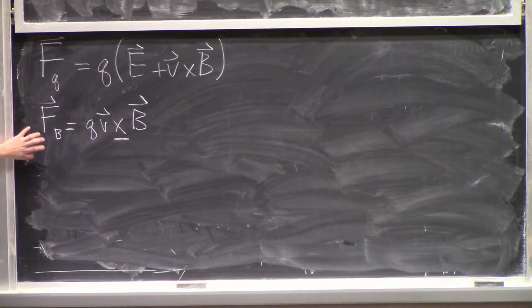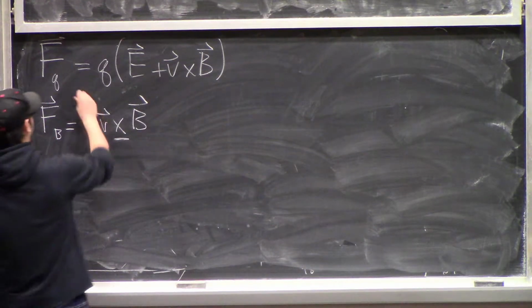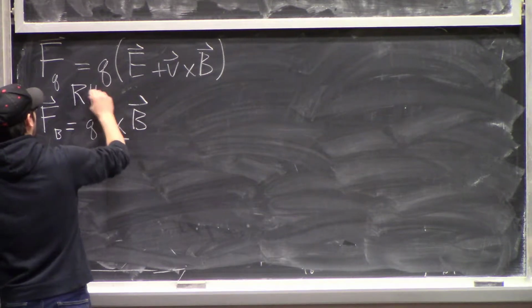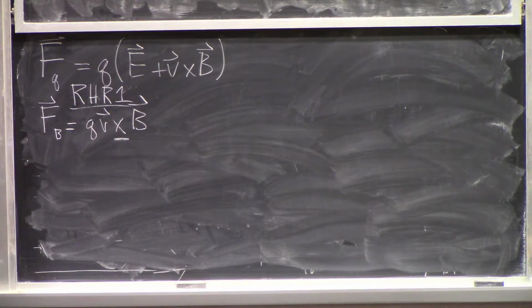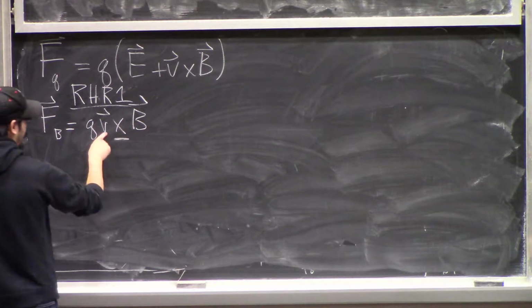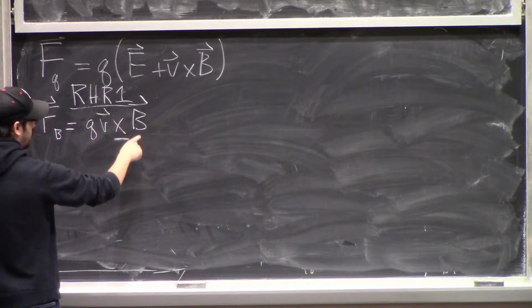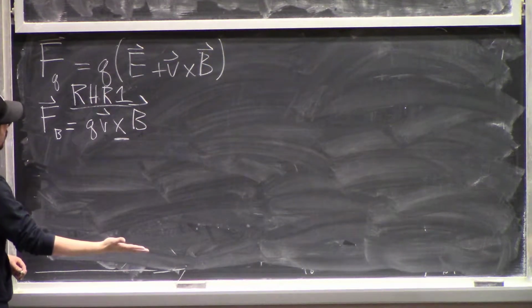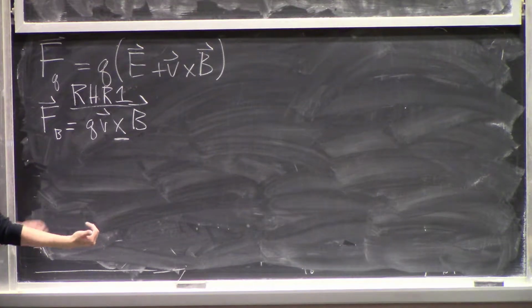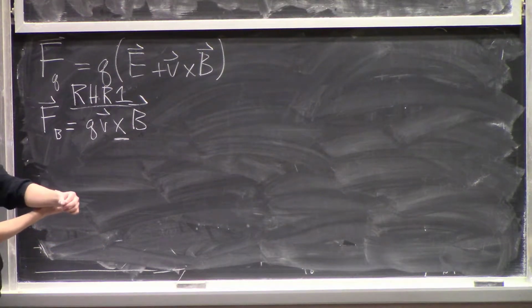And the way that you're going to do this is what I called right-hand rule 1 in the video. And that's to say I'm going to point my fingers in the direction of the velocity. I'm going to curl them in the direction of the magnetic field, and this is for your right hand. So fingers of right hand in the direction of the velocity, curl them in the direction of the magnetic field, thumb points in the direction of the force.